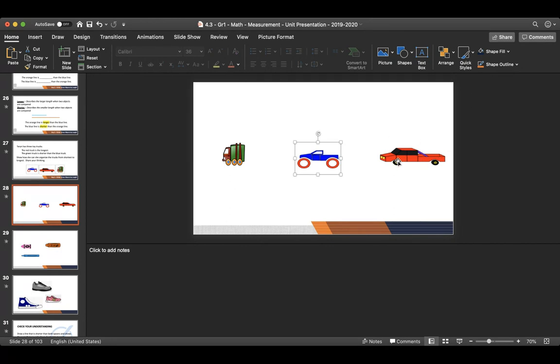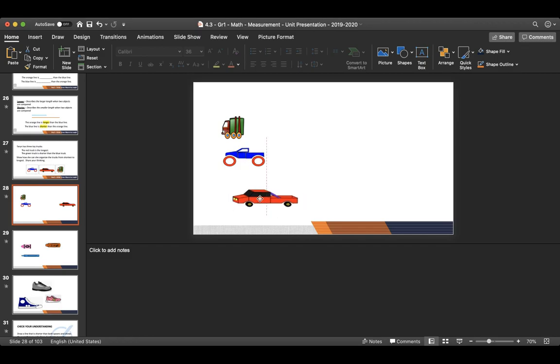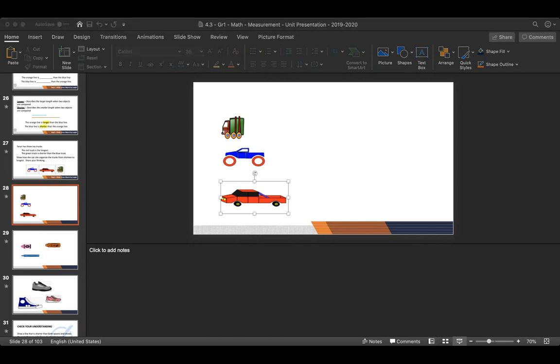Another way you can show this is to line them up vertically or up and down, and this is my favorite way. So let me show you how I do this. Notice that the way I line them up, they all start at the same point and it's even.